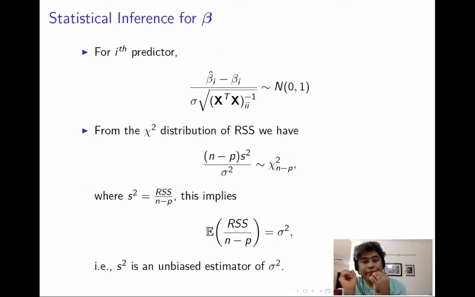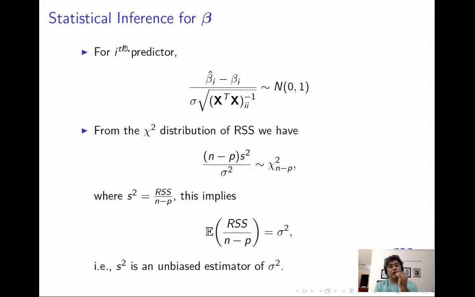Now we are interested in statistical inference for the ith predictor, which is beta i hat. We can say that (beta i hat minus beta i) divided by sigma times the square root of the ith diagonal of the (x transpose x) inverse matrix follows a normal distribution with mean 0 and standard deviation 1, the standard normal distribution.